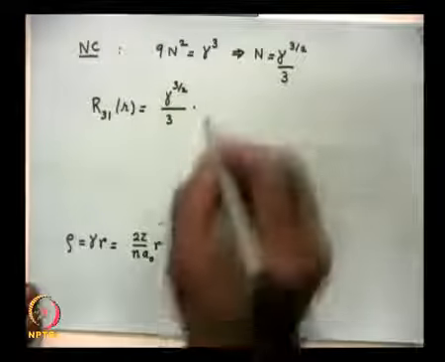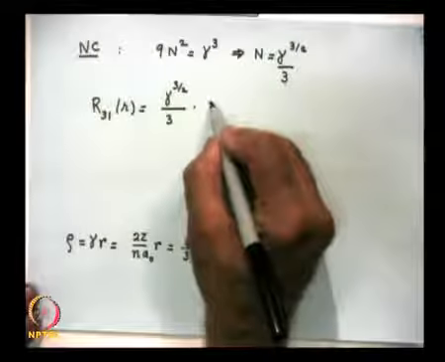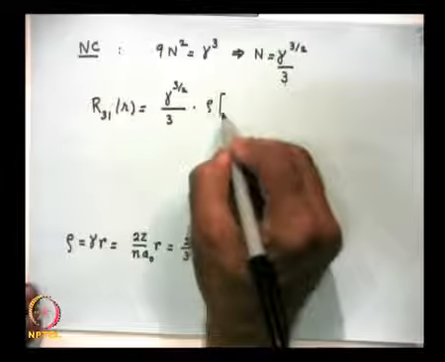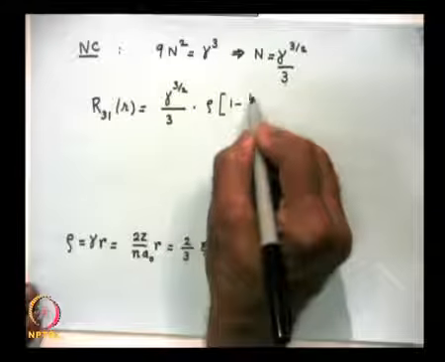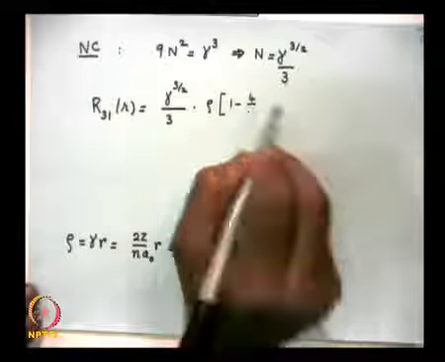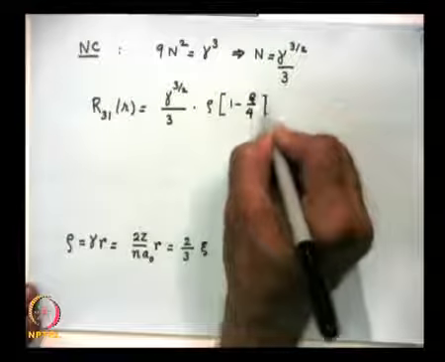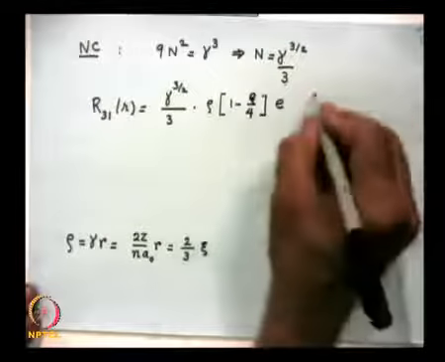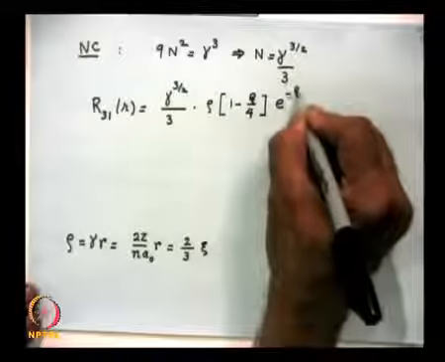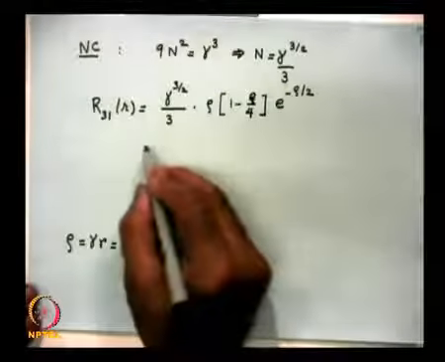So, this will be multiplied by rho into 1 minus rho by 4, e to the power of minus rho by 2. So, rho is 2 by 3 xi.